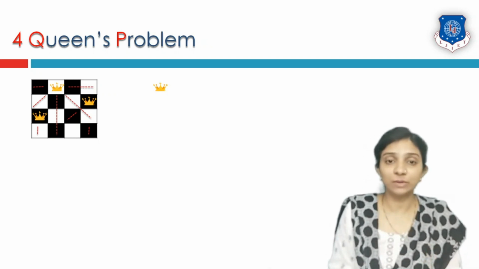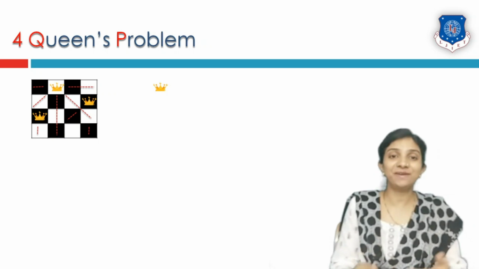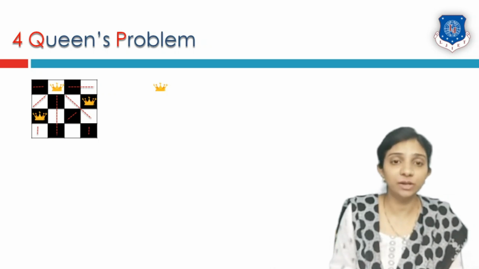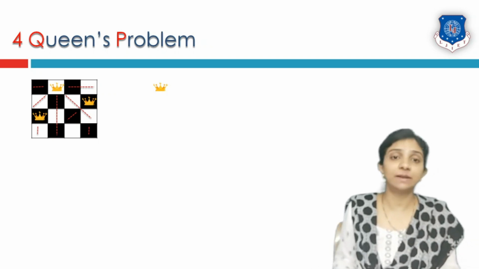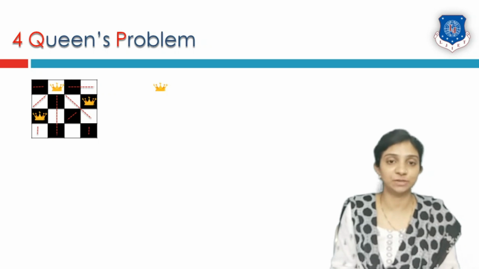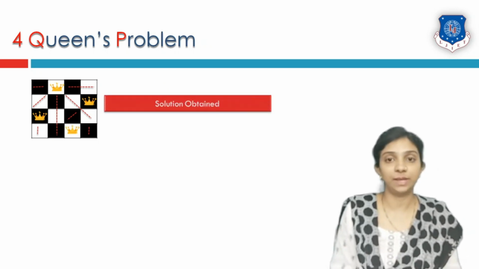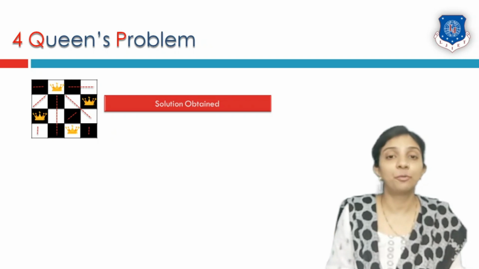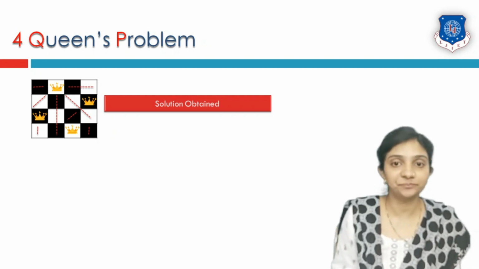So for fourth queen in row number 4, do I have an empty cell or non-attacking cell where I can put my fourth queen? Yes, in row 4, cell number 3 is empty and in its non-attacking position. I can place my fourth queen. So this is the obtained solution of the four queens problem.